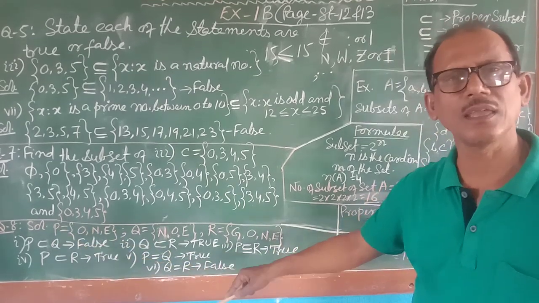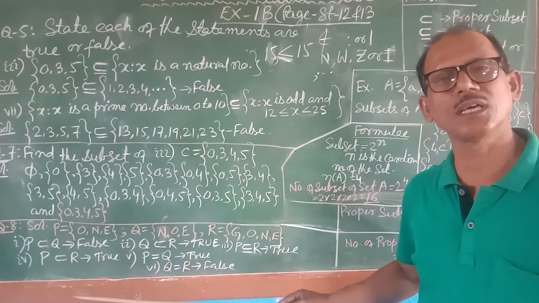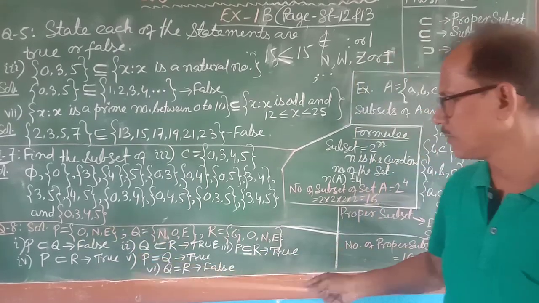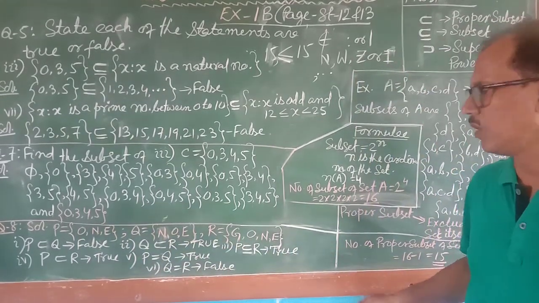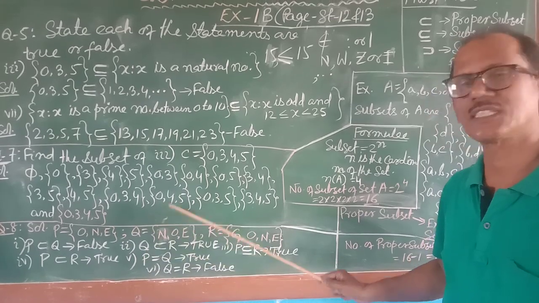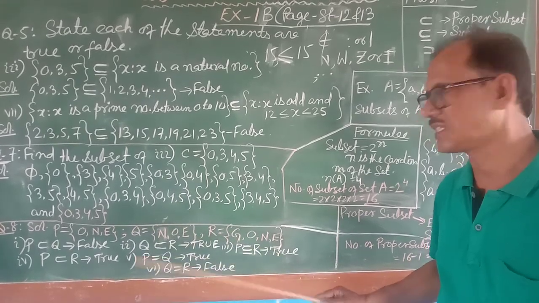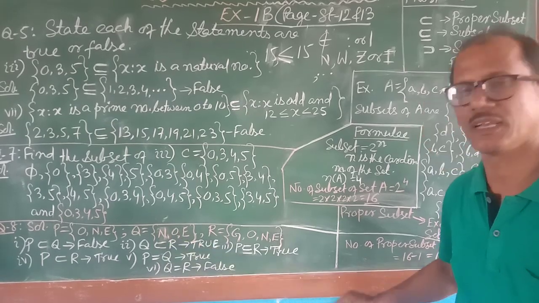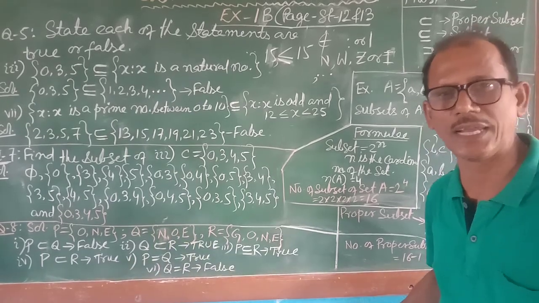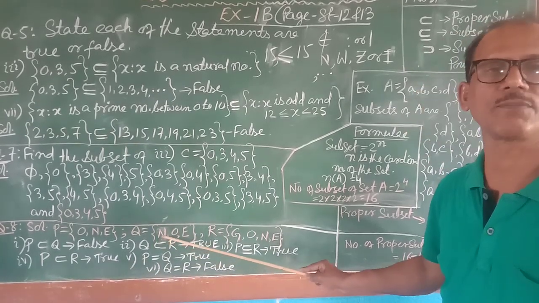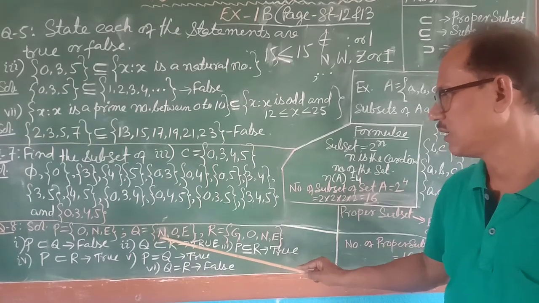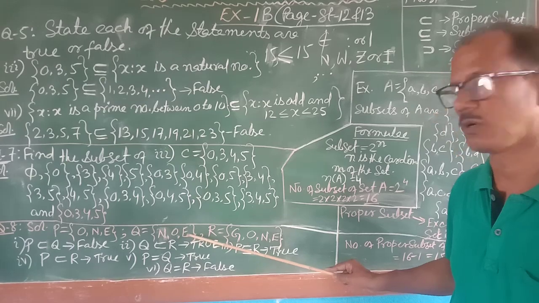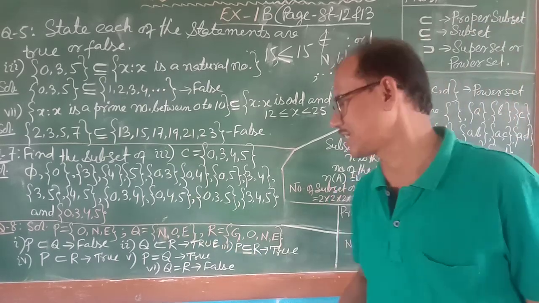You pick the letters in the word without repeating, so it will be O, N, E. Similarly, Q is the set of x such that x is a letter in the word NONE. In this case NONE was given, with 2 N's. You cannot repeat elements in a set, so 1 N is picked. In tabular form it will be N, O, E, because you cannot repeat an element of a set.